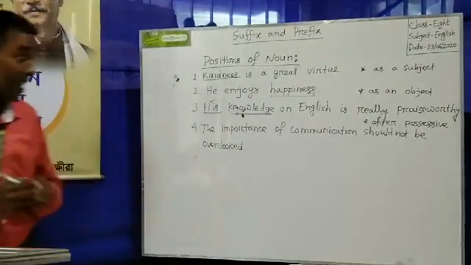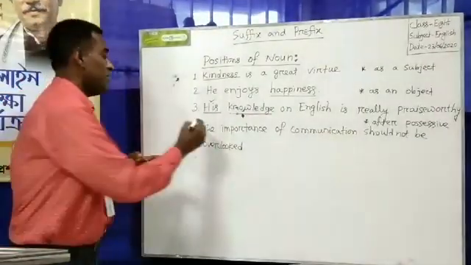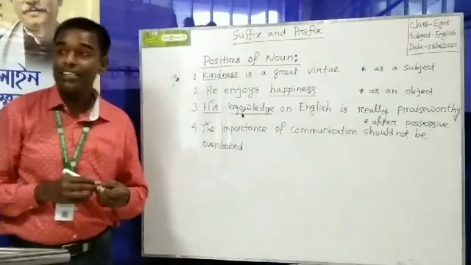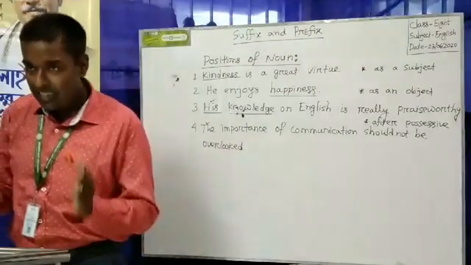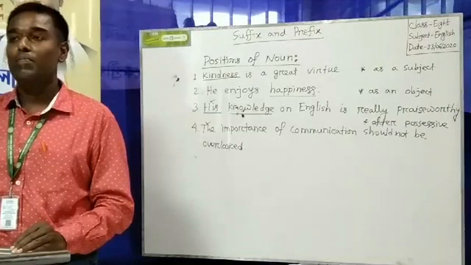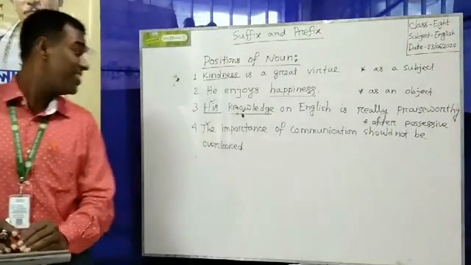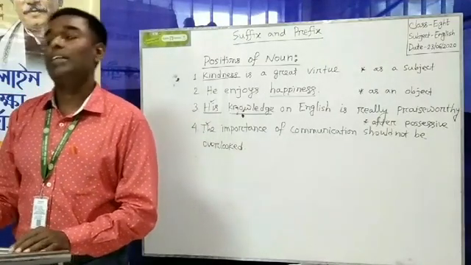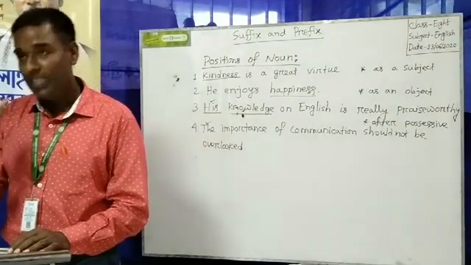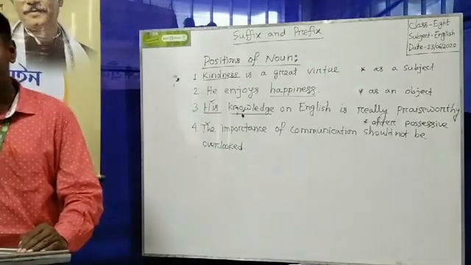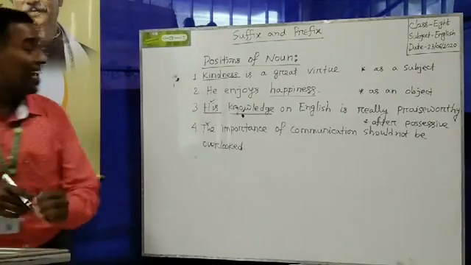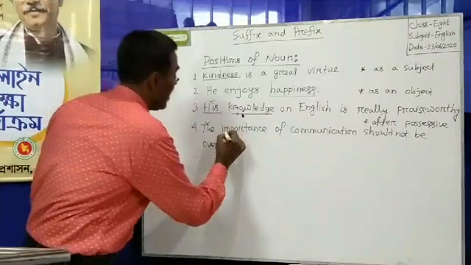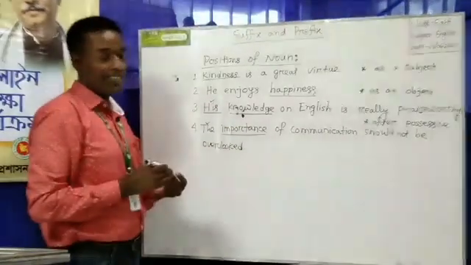Now the last one. What is it? It is the. But my question is, what is the in grammar? Yes, it is an article, and after an article, a noun stands.